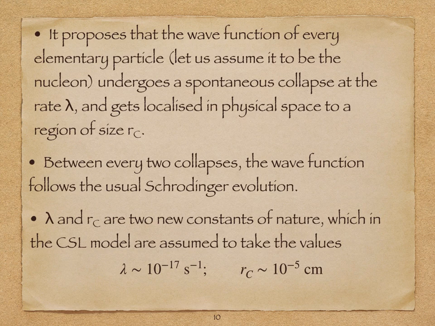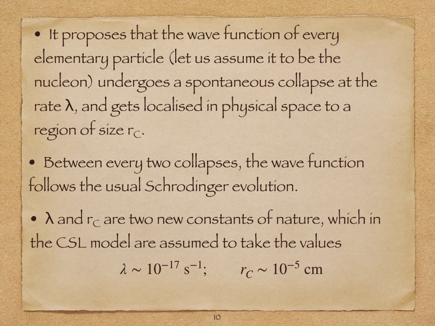A collapse happens, it gets localized to RC, then again it starts Schrodinger evolution. Then another random collapse happens to some other point in space, again around the size RC, and again Schrodinger evolution takes place. So you have collapse, Schrodinger expansion, collapse somewhere else, Schrodinger expansion.